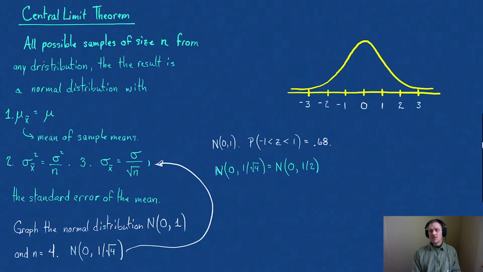Well, before we just rush into graphing that, think about what that means. If the standard deviation is now 1/2, then there's 1 standard deviation from the mean at 1/2. So when I was at 1 on the normal distribution, now this is 1 standard deviation.